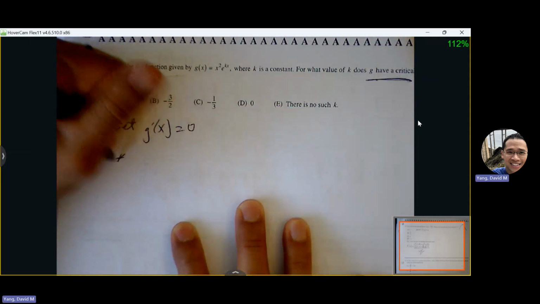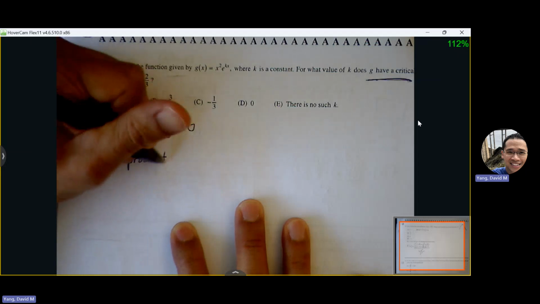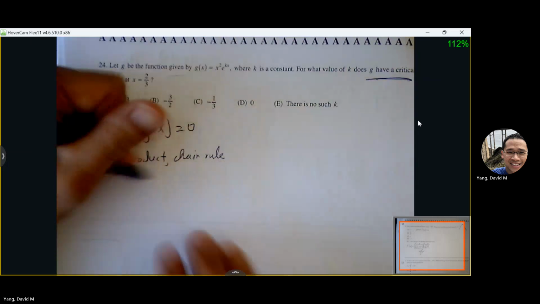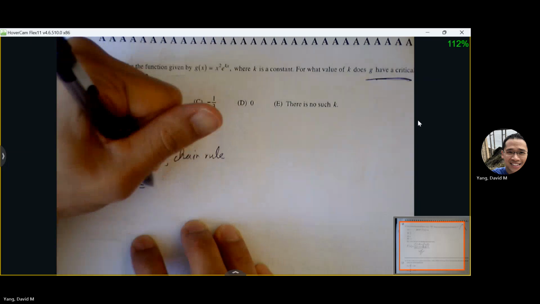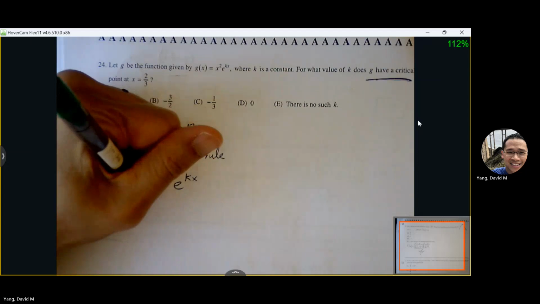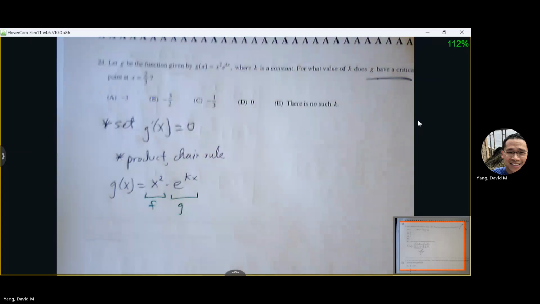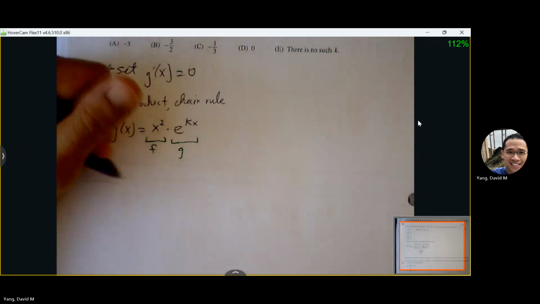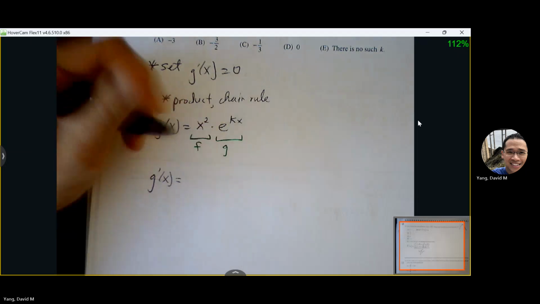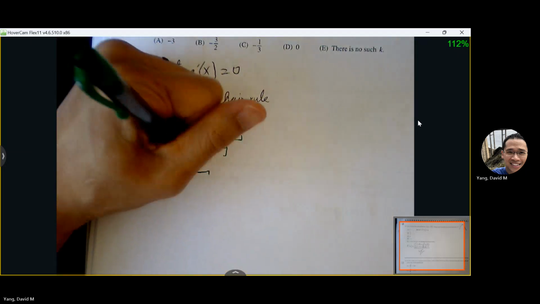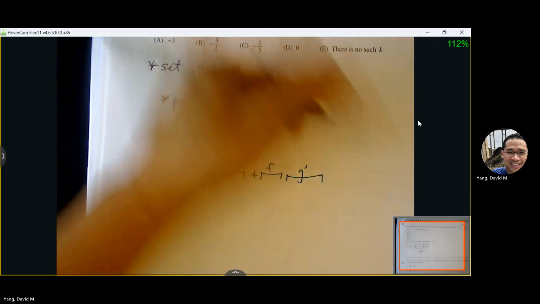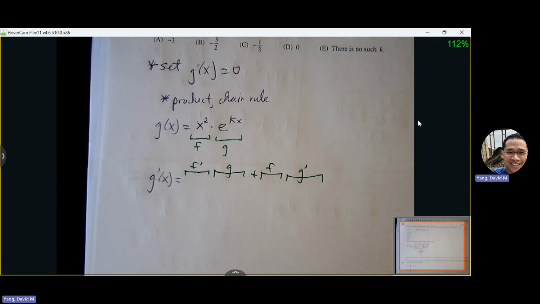So I start off with product rule, but inside I'm going to have a little bit of chain rule. F prime g plus f g prime.